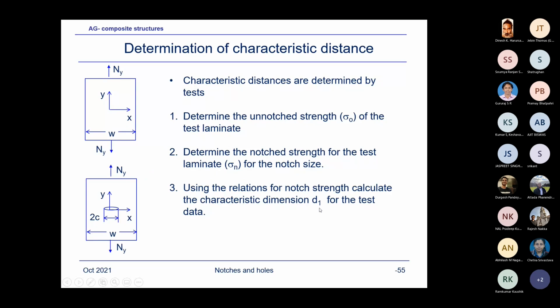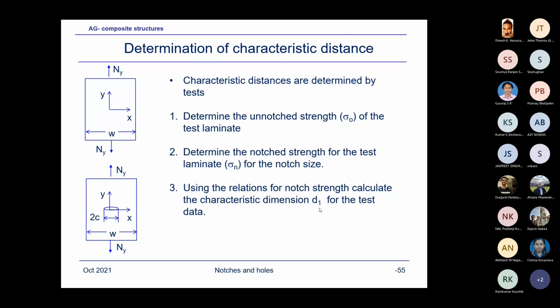Okay, determination of characteristic distance. This is similar to the hole problem, where you would test a couple of coupons with different notch sizes. You can do it in tension, you can do it in compression, because the behavior in compression and tension will be different. And so you will need to determine the parameters for compression and parameters for tension.